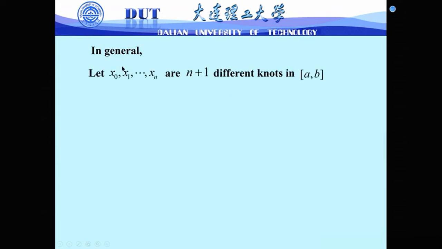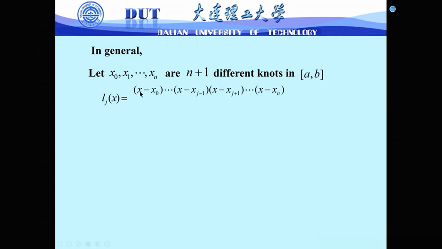For the general case, we are given x0, x1 to xn, n plus 1 different nodes in an interval [a, b]. Then we need to determine Lj(x), the basis. Firstly, you should understand it is a ratio. What is the numerator? Because the index is j, the numerator includes the factors x minus the other nodes.